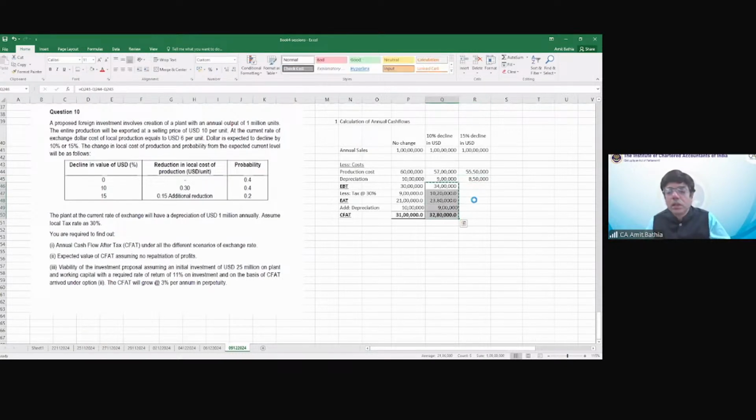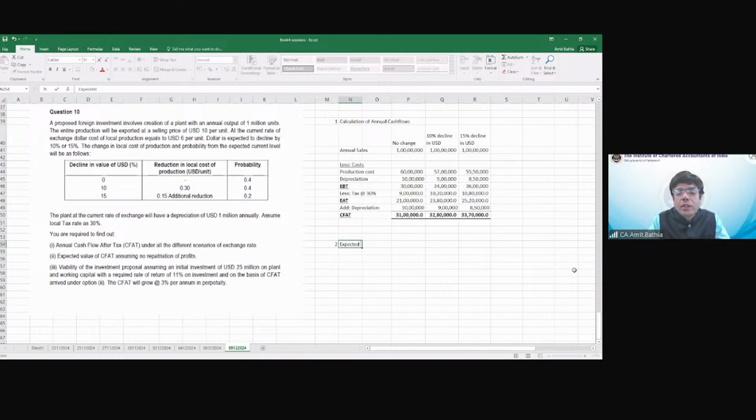So then, now I have to find over here 0.1 annual cash flows. Then we are asked expected value of CFAT assuming no repatriation of profits.